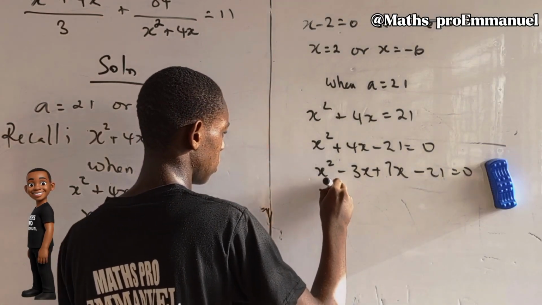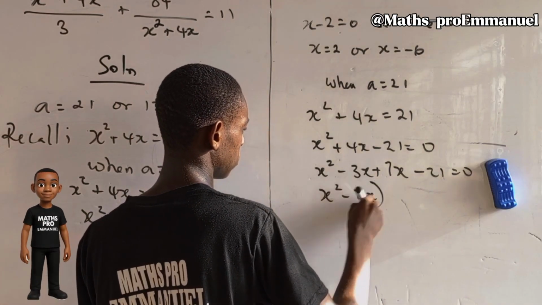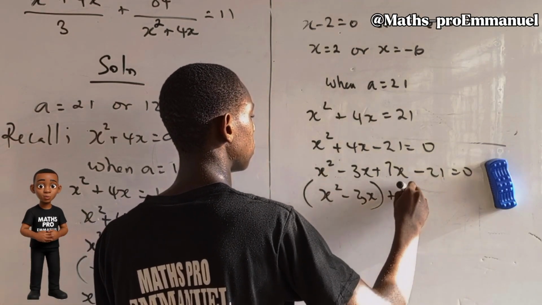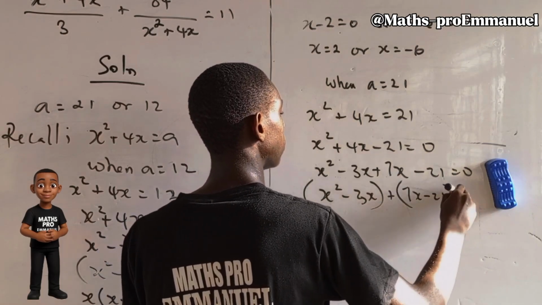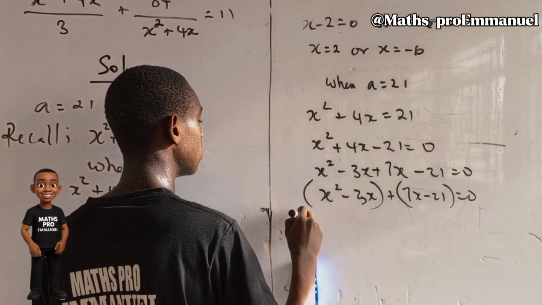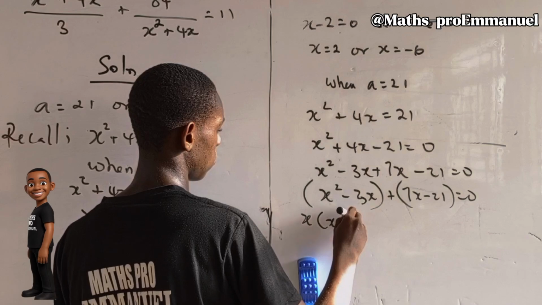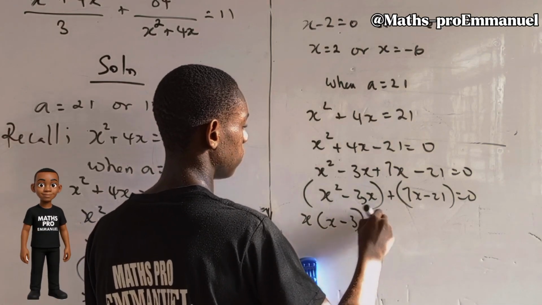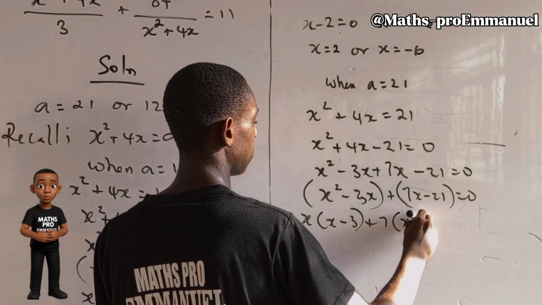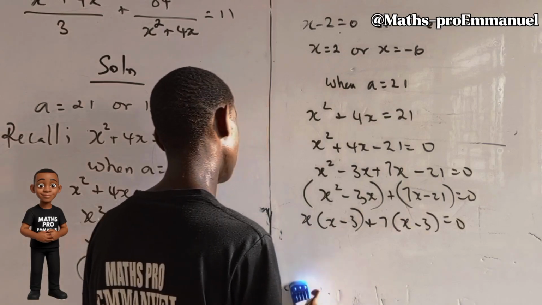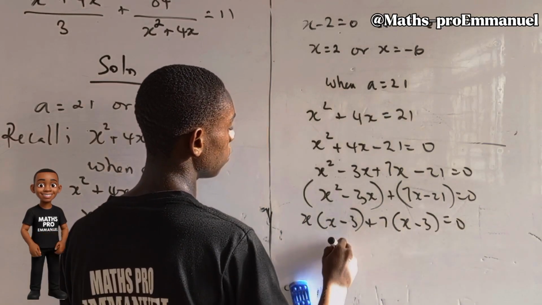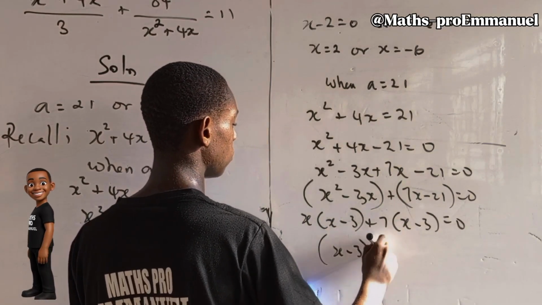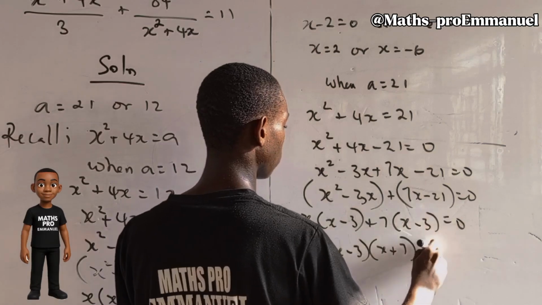Group it, x squared minus 3x plus 7x minus 21 equal to 0. So looking at this, x is common and x minus 3 will be out. If you factorize this, x minus 3 equal to 0. So x minus 3 is common, you pick 1 into x plus 7 equal to 0.